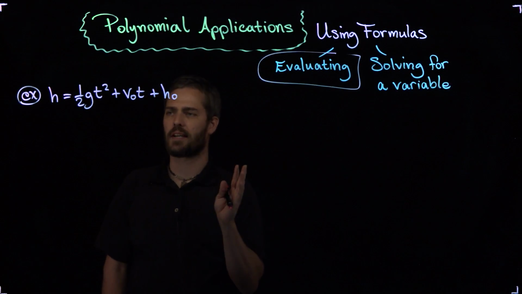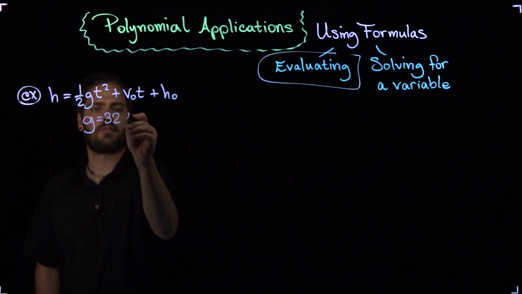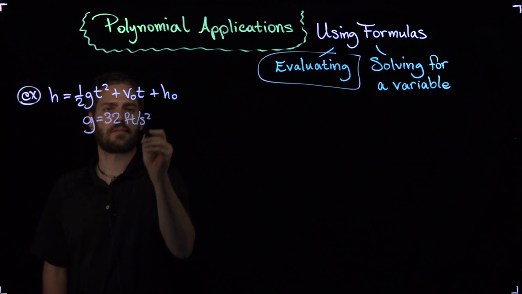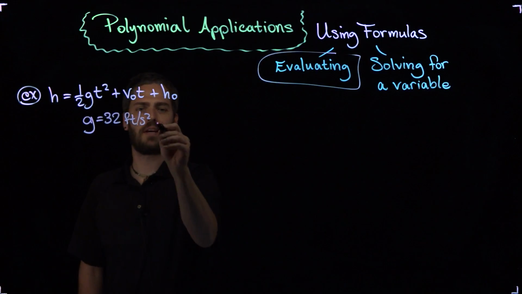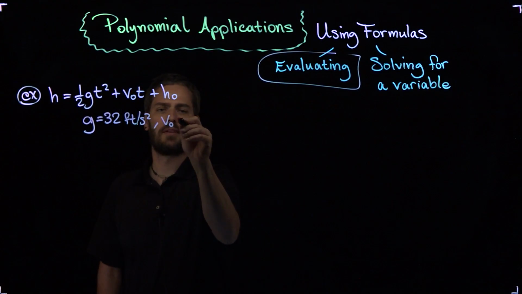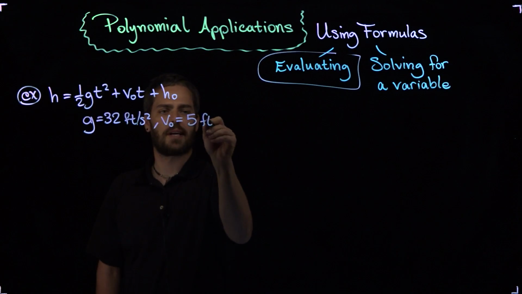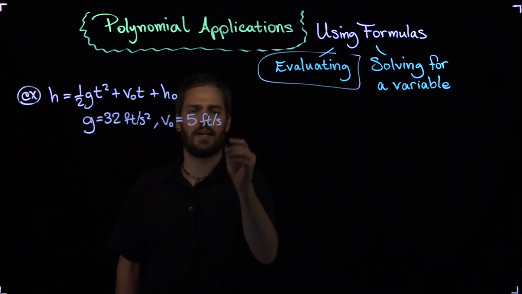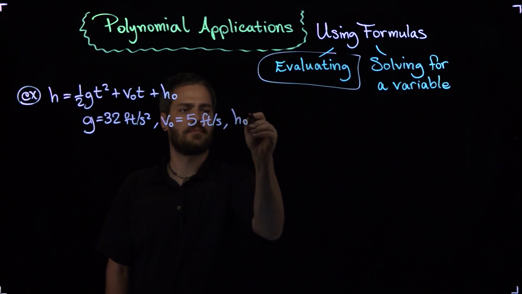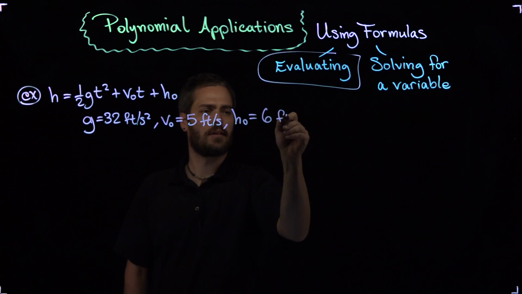So suppose we stuck in a g of 32 feet per second squared, and we're given an initial velocity of, I don't know, 5 feet per second, and an initial height of 6 feet.